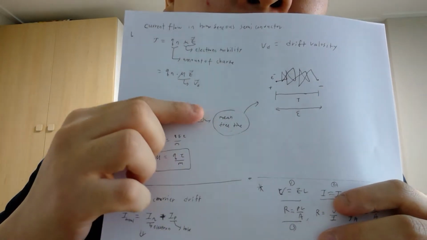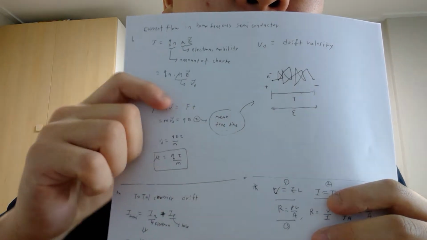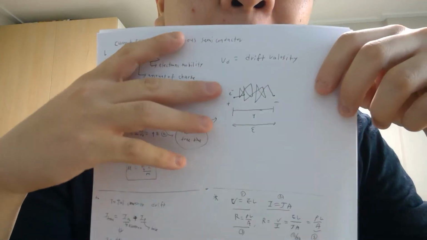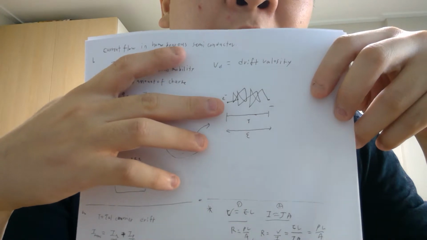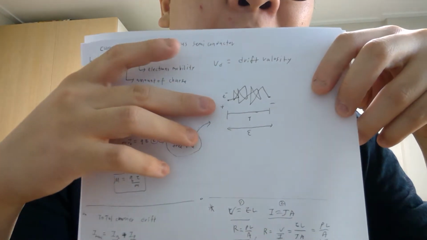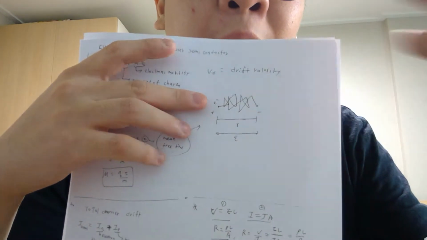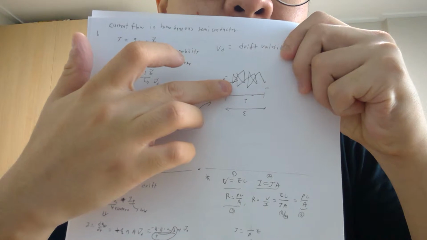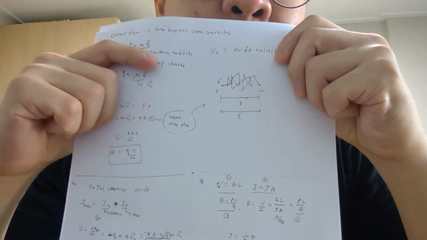And here there is a drift mean free time, which means if carriers are in the conduction band with no voltage, with no potential energy, they will move like here, going nowhere, wandering.